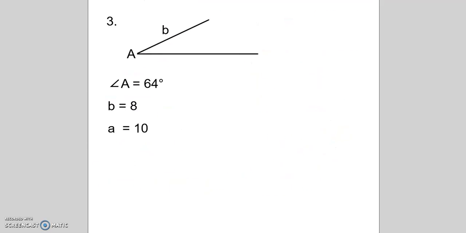Do number 3. So number 3, we're going to start the same way. So we have angle A here equaling 64, B equals 8, and then our side with an unknown angle equals 10, so we don't know where this is going to end up, but this side's 10. So we're going to solve using law of sines.